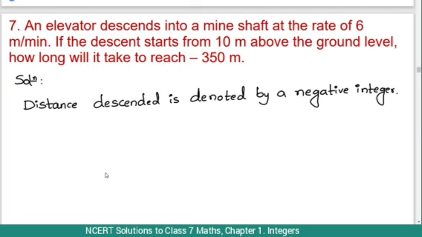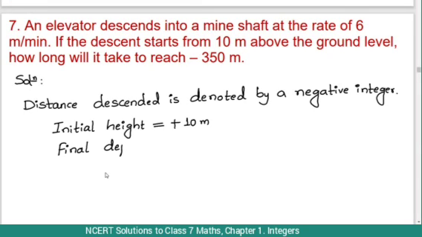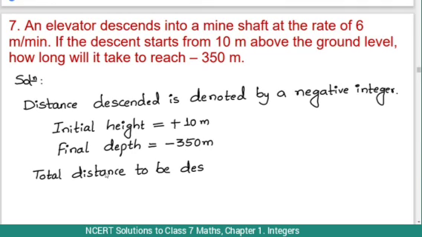Here initial height is given as plus 10 meters and final depth is minus 350 meters.